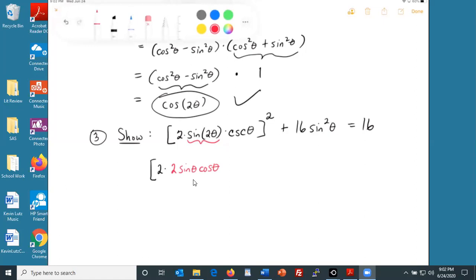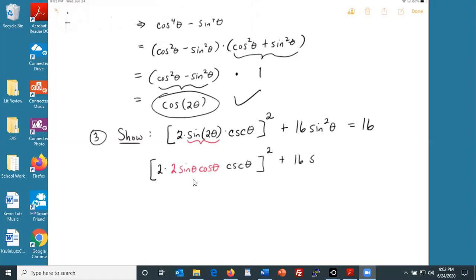And also, we're going to use the fact that cosecant is something else in the next step. So now we know cosecant of theta is 1 over sine.